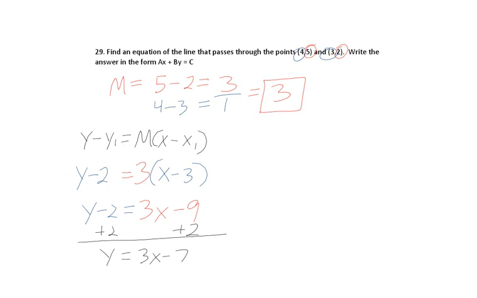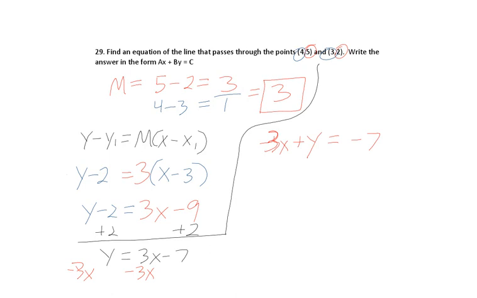Again, this is slope-intercept form, and technically that is a good answer. But if they want ax plus by equals c, we've got to get it to that form. So all letters have to go to the same side. So what I like to do is start by subtracting 3x on both sides. So you get negative 3x plus y equals negative 7. Looks pretty good, but there is one more step to this.